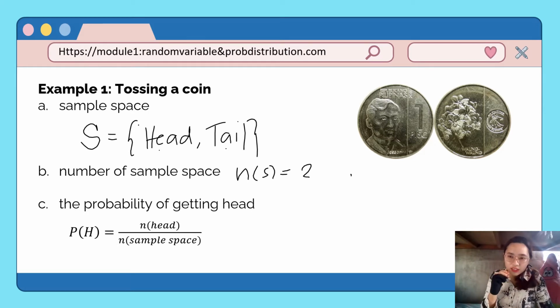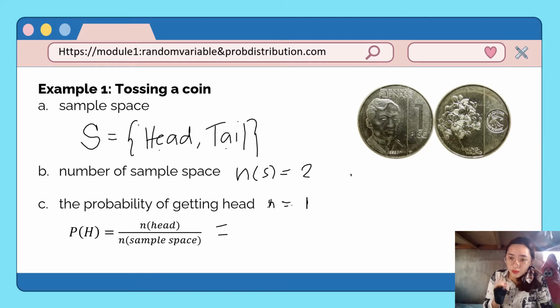And let's say we are interested in knowing if it will turn to head. And again, the head is an outcome or the sample. So, ilang beses na lang ba lalabas ang head? So, isang beses lang. Pagkatos mo ng coin, isa lang naman ang posibleng lalabas, ang head. So, 1 lang.